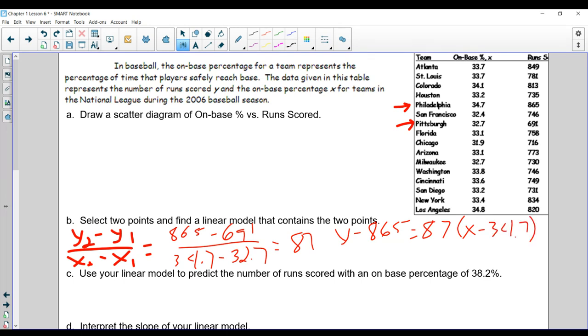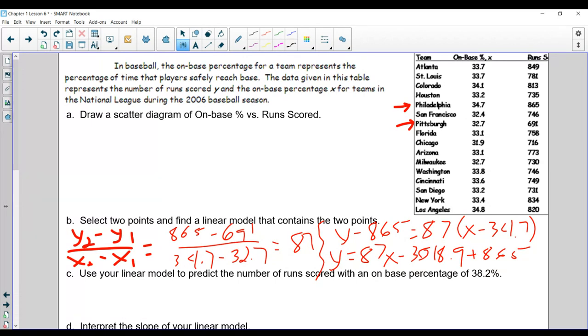Okay, I'm going to distribute the 87 in and then add the 865. So when I distribute in the 87, I will have 87x minus 3018.9, and then I'm going to add the 865 to the other side.